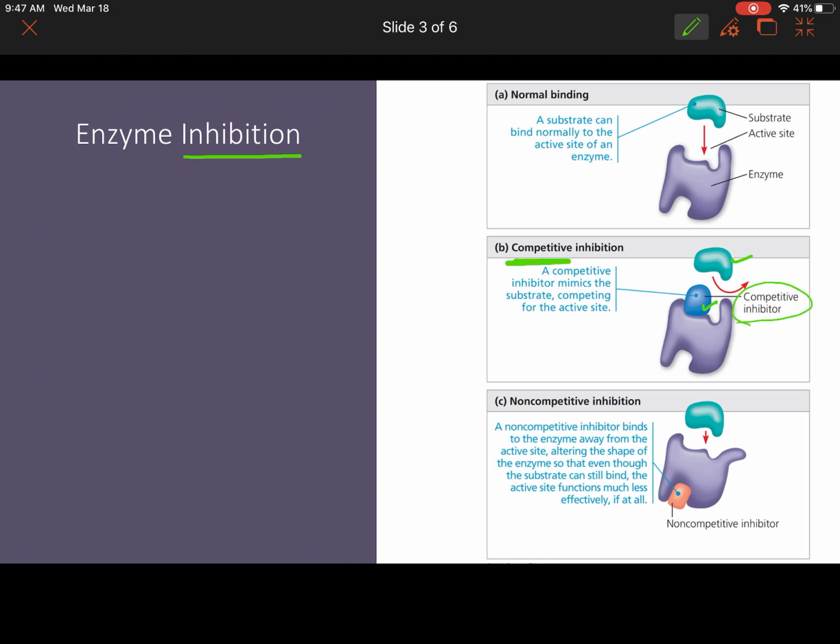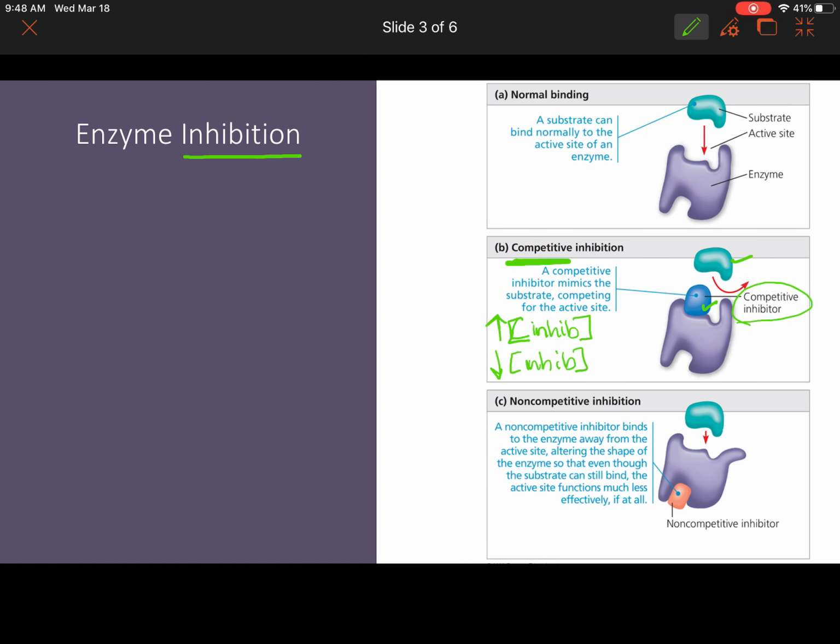So if a cell really needs to slow down an enzyme by competitive inhibition, it can increase the concentration of the inhibitor. If it needs to tip the competition in favor of the substrate, it can decrease the concentration of the inhibitor. Okay? Now notice when the inhibitor binds, there's no reaction that takes place.